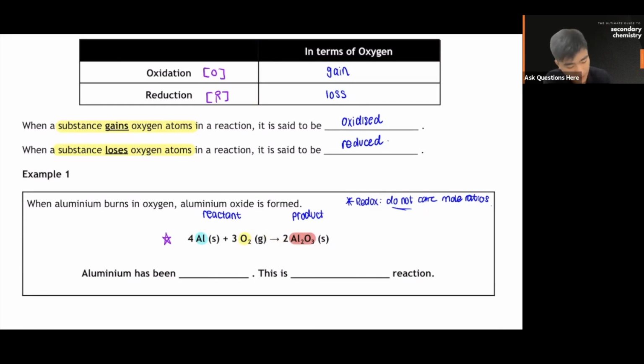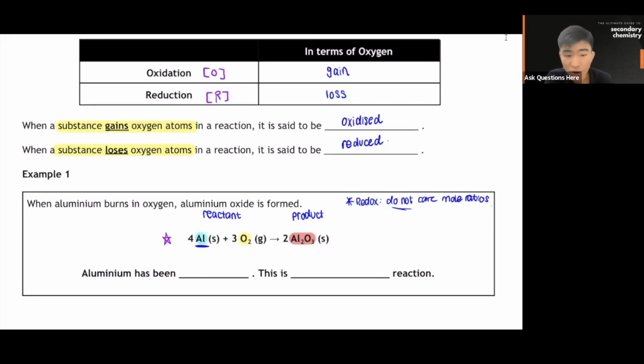Okay. Now, let's look at this reaction. You will see that aluminum is reacting with oxygen to form Al2O3, aluminum oxide. And in this case, what can we say? Previously, we understood that the term oxidation refers to the gain in oxygen, and the term reduction refers to the loss of oxygen.